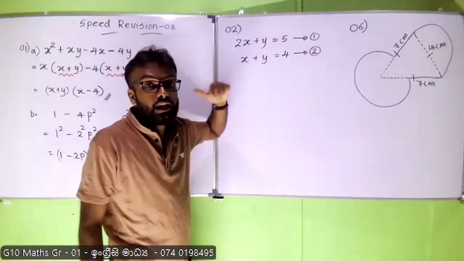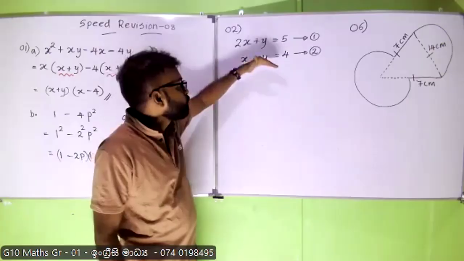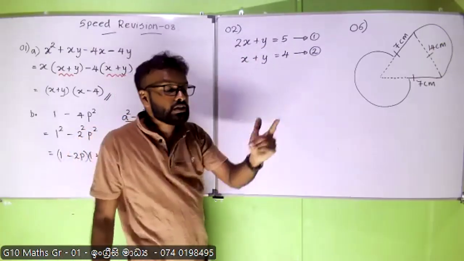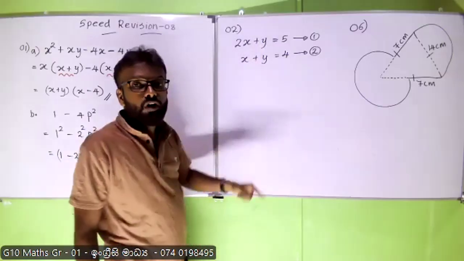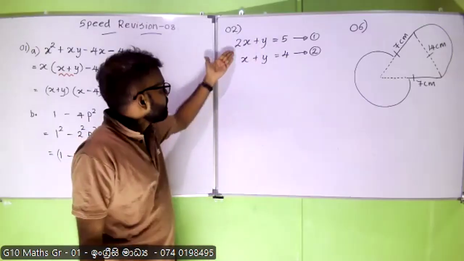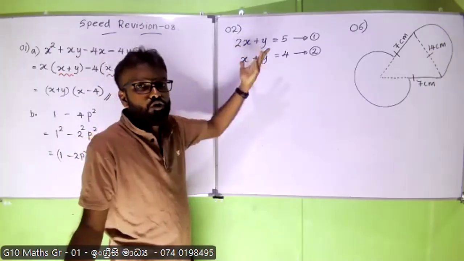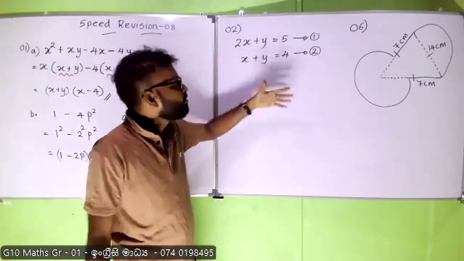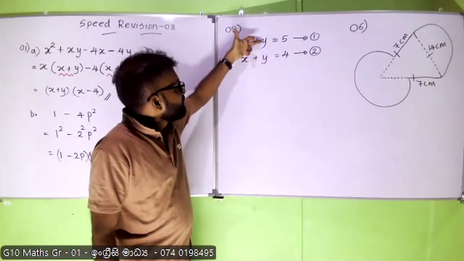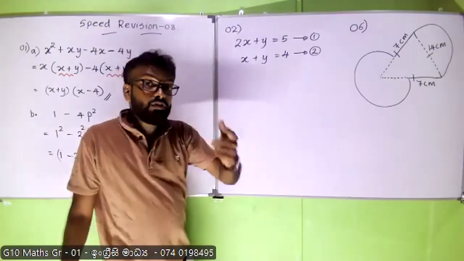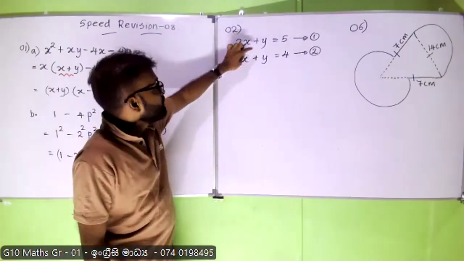We eliminate first by looking at the two equations at once, because the coefficients are 1 and 1. For x we have two different coefficients, here 1, here 2. No way. So here 1, 1. Then we are going to compare the signs, positive and positive.